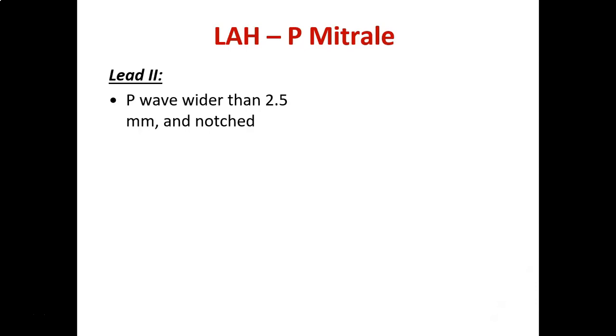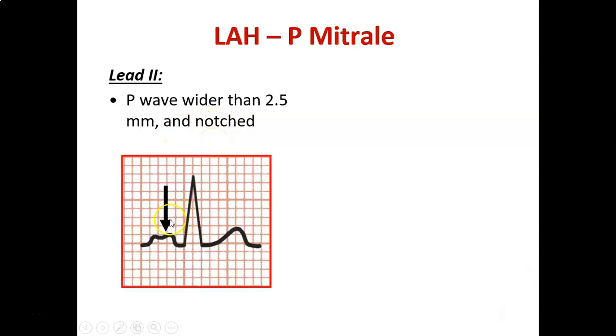Now left atrial hypertrophy, which is also called P mitral, and again you will look at lead 2. If the P wave in lead 2 is wider than 2.5 mm and notched, M-shaped like this one, this is your P mitral or left atrial hypertrophy.